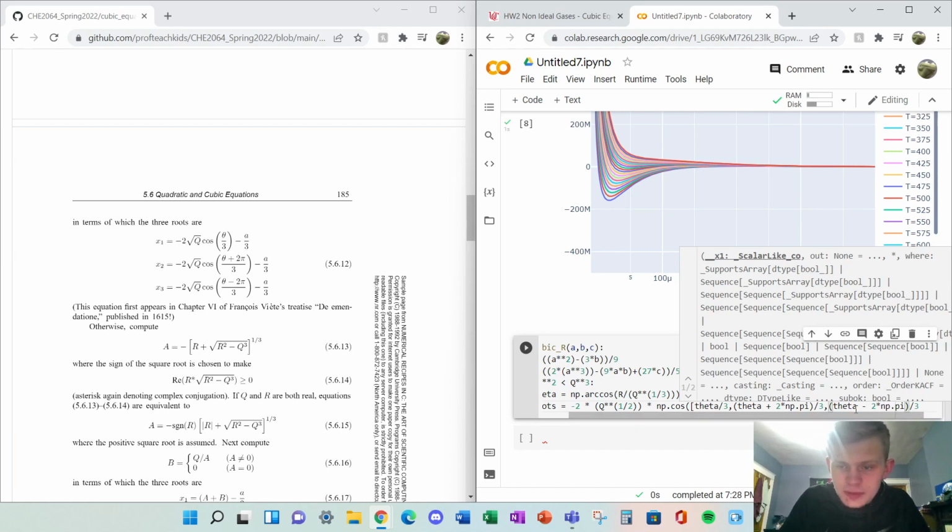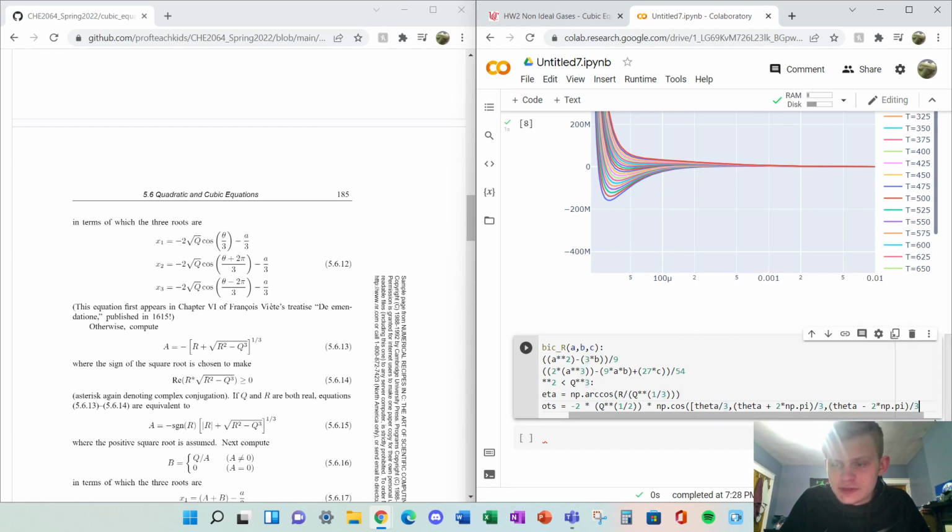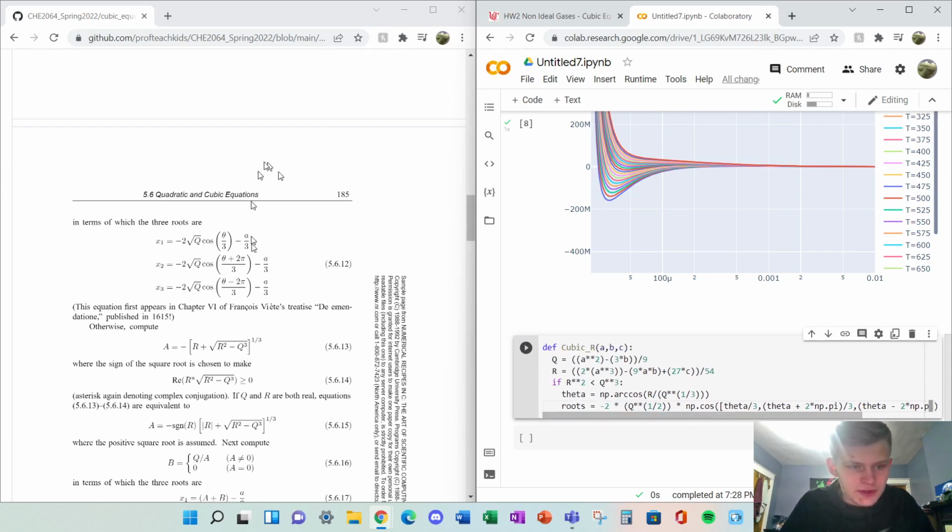That theta plus 2 pi will then be changed to a minus to fix the rest of our x3 variable. So then we'll close off that array, and then after that we will have our last a divided by 3 over there. So these are our real roots for this.